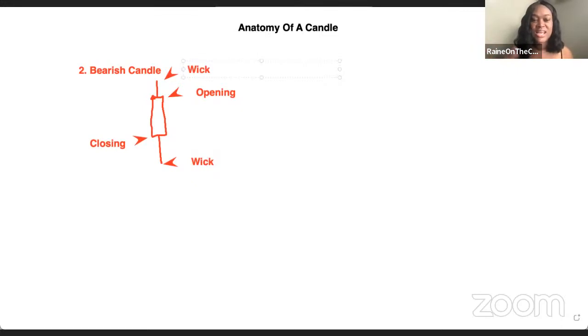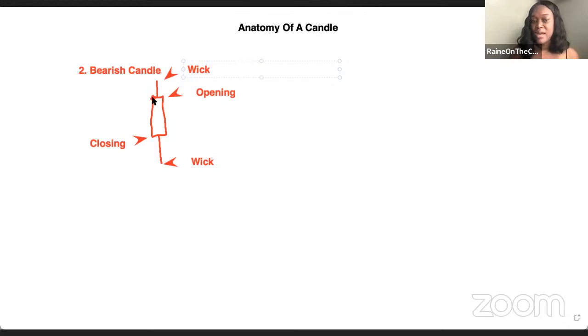Another session I can do the different types of candles, because there are dojis and there are candlestick patterns, so I can go over that, but that will be another session, more content. All right, so that's the wick. The wick tells a story, right?